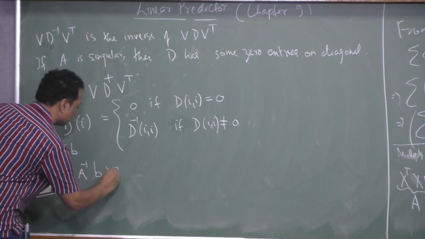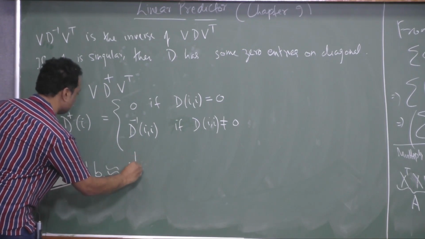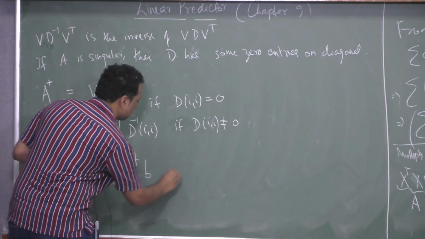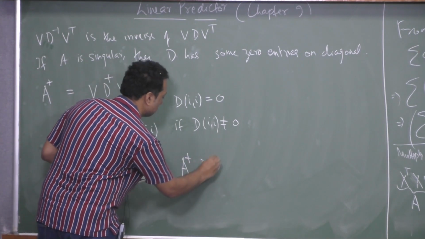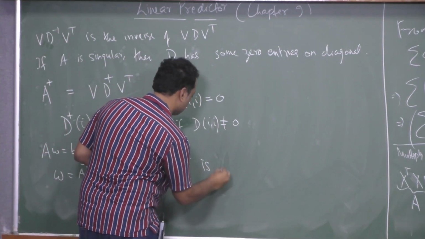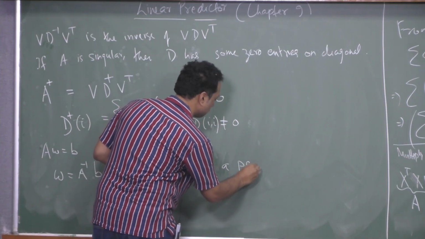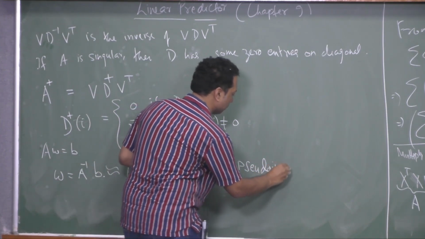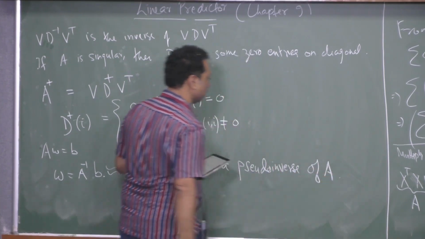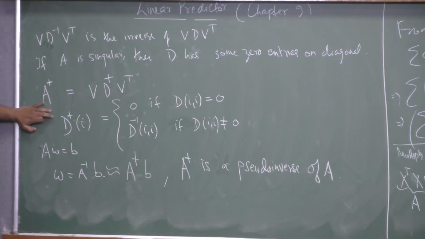So I will say let us do it with A dagger b, where A dagger is the pseudo inverse of the matrix A. Look, pseudo inverse is generic, right?